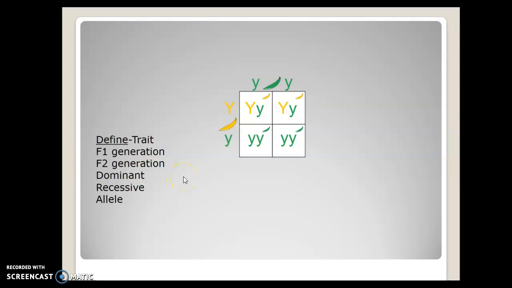Some other terms that I'd like you to copy down: trait, and we're going to get into the others later: F1 generation, F2 generation, dominant, recessive, and allele. Those are all terms that are coming up.